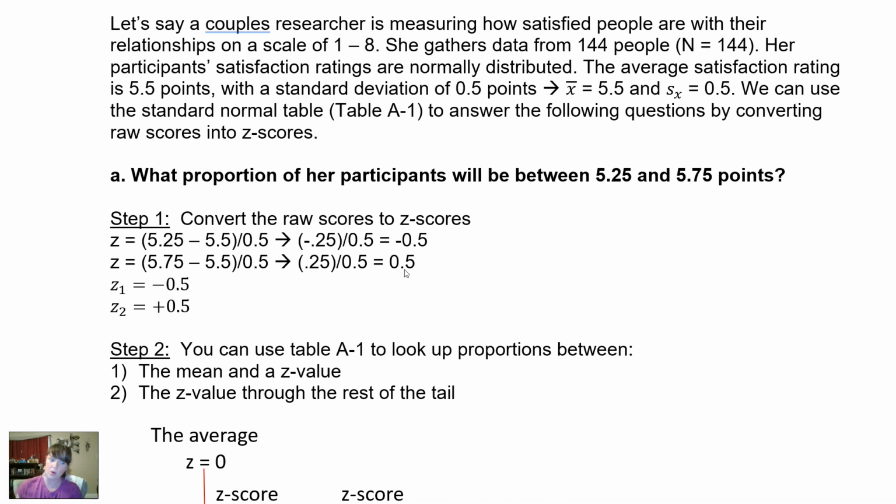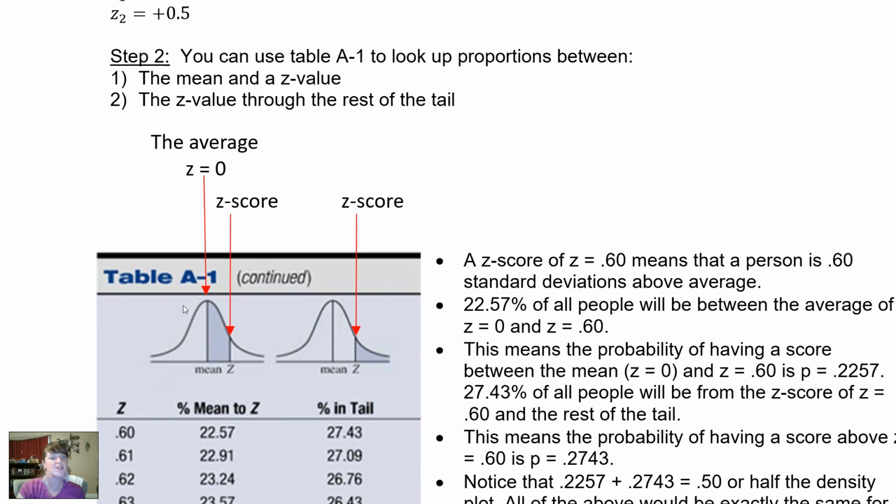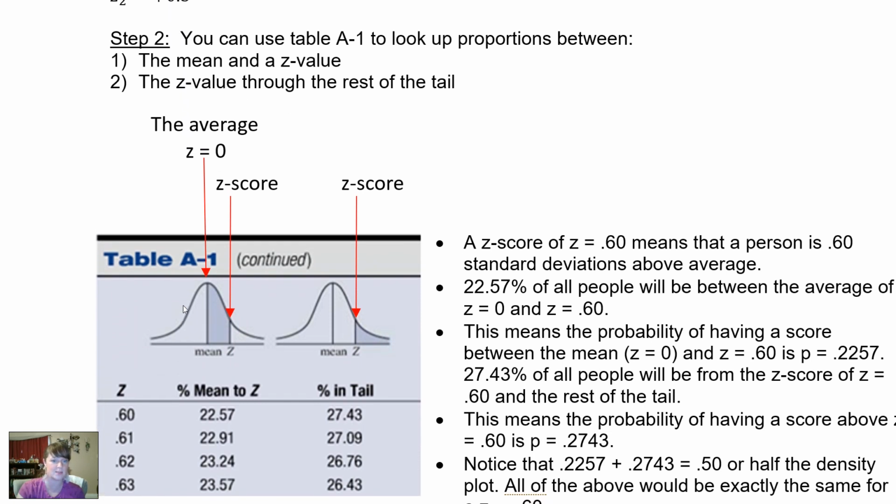And now I want to know, what is the proportion of people between these two Z-scores? And this is where the table is going to help us. Because I know this is normally distributed, I know that any positive Z-scores are going to be to the right of the average of 0, because Z-scores have an average of 0 always.